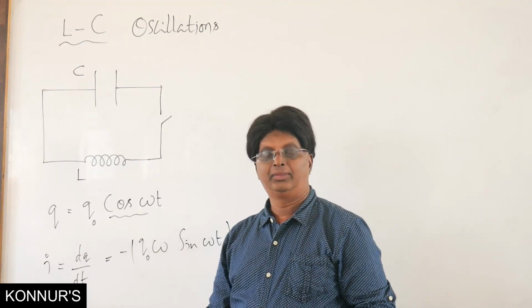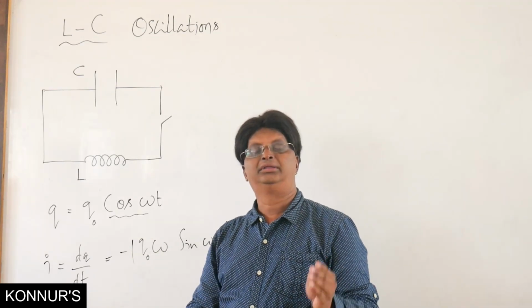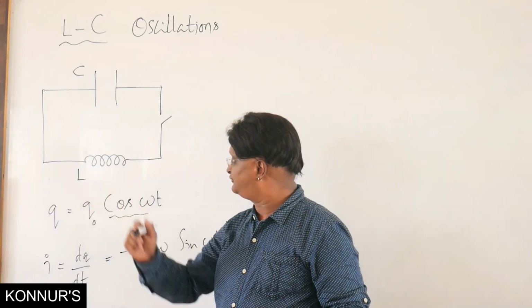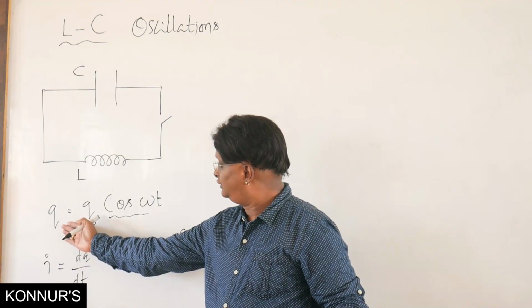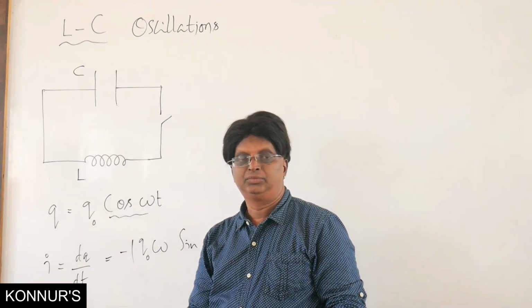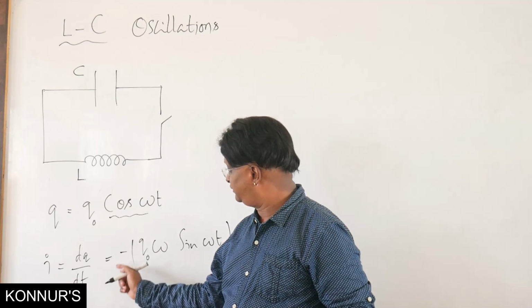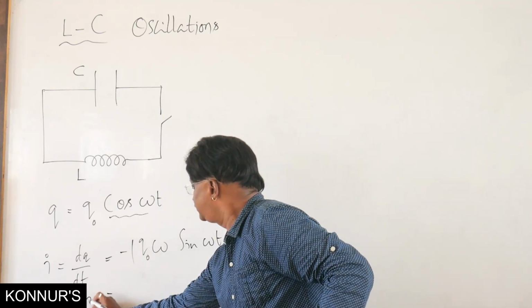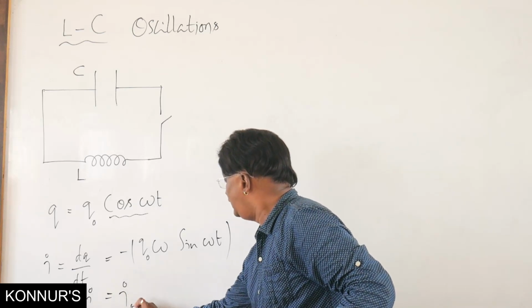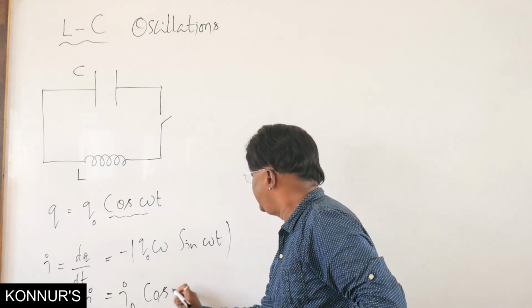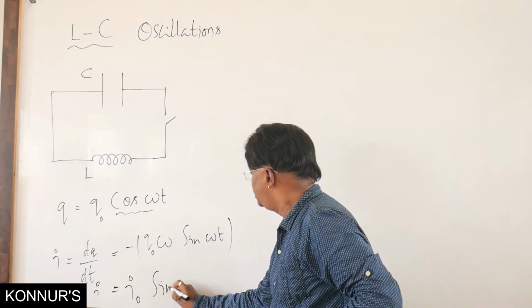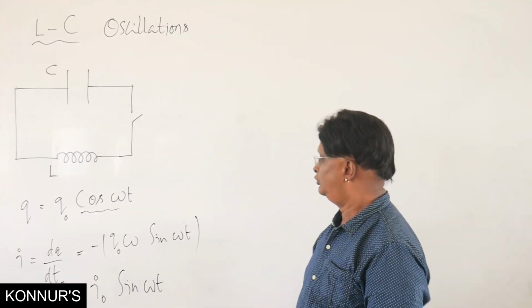That negative sign shows the phase difference between the change in the charge and the current. So that phase is what is given by this negative sign. This is what we write as the equation I is equal to I naught sin of omega t.